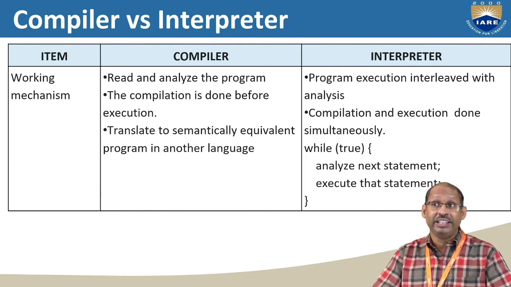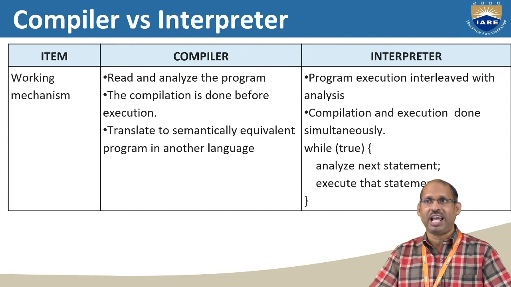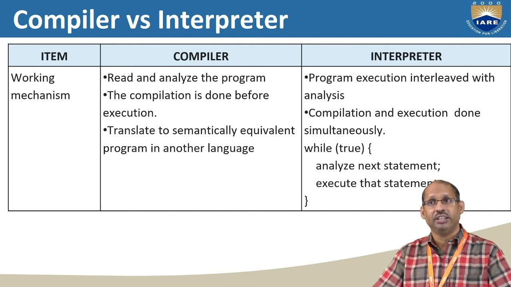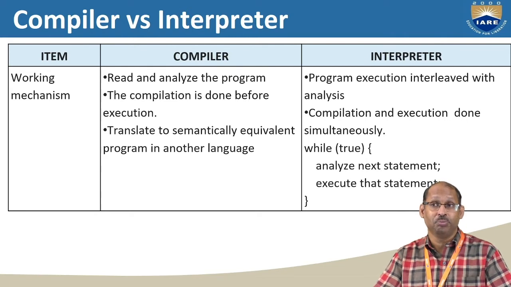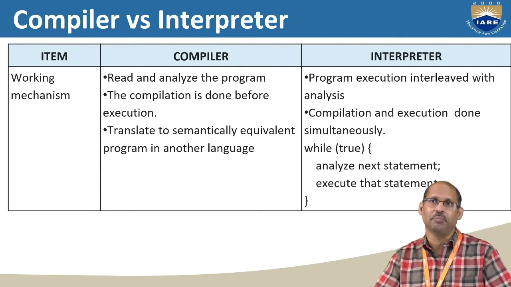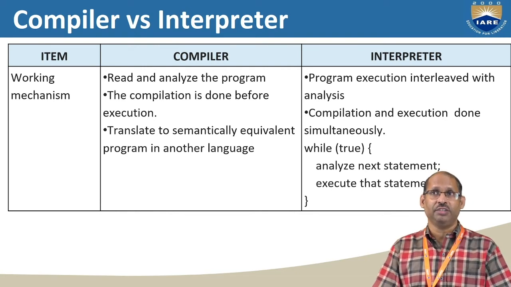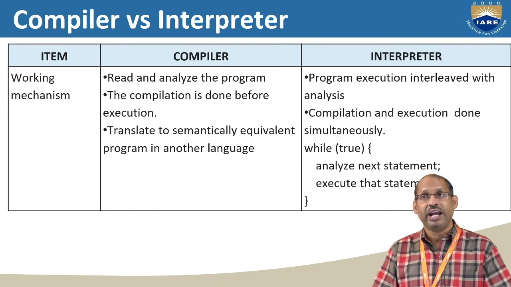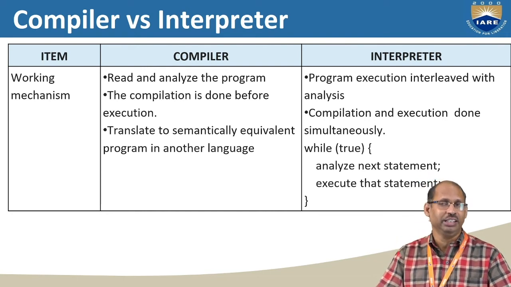So 3000 tasks it is doing for executing a simple for loop repeating 1,000 times. So the execution time for that for loop by the interpreter will be more than the compiler's. There are many advantages of the compiler over the interpreter, and sometimes interpreters have advantages over the compiler.